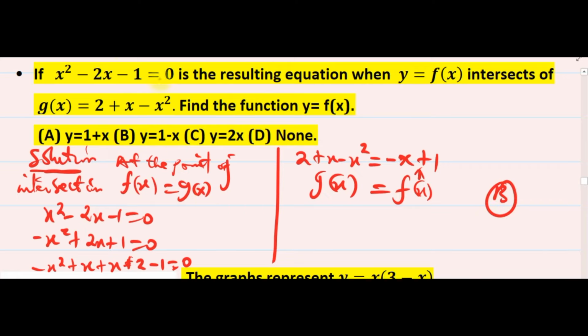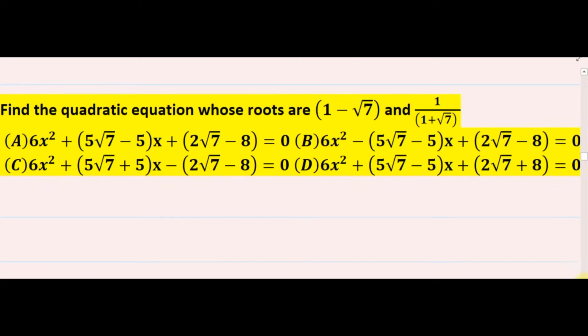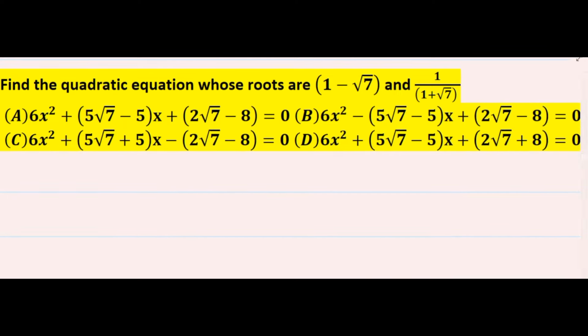That's our answer. Next, find the quadratic equation whose roots are 1 minus root 7 and 1 over 1 plus root 7.